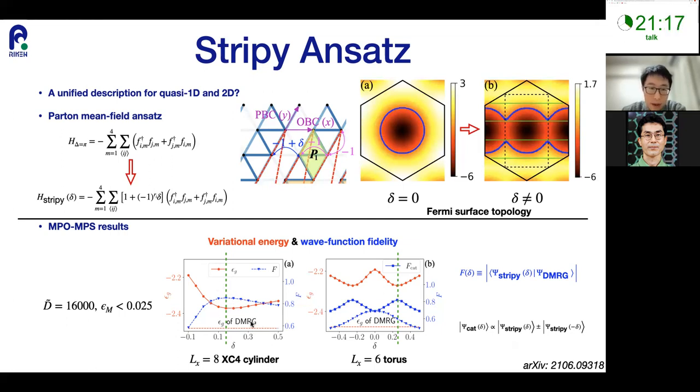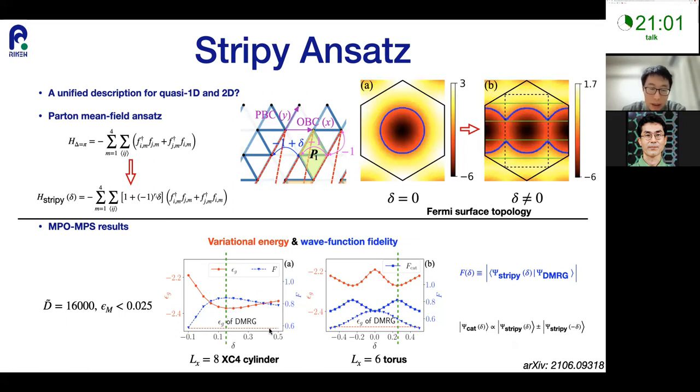This result is measured from cylinder geometry, and this result from torus geometry. Here I use green lines to highlight the best value of delta.